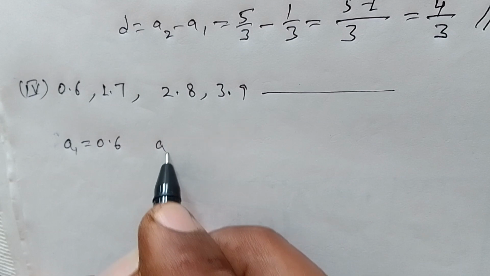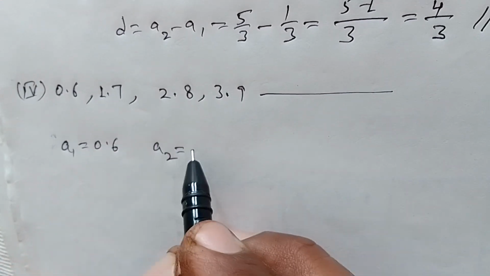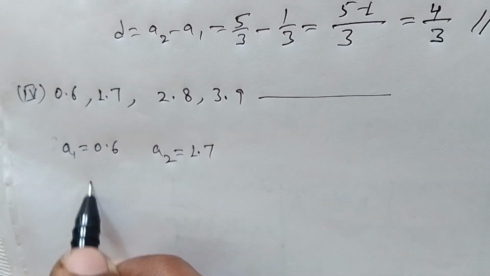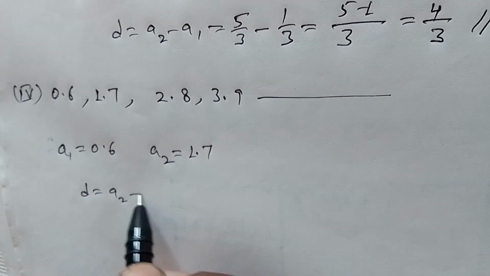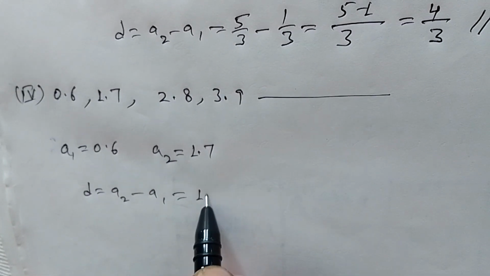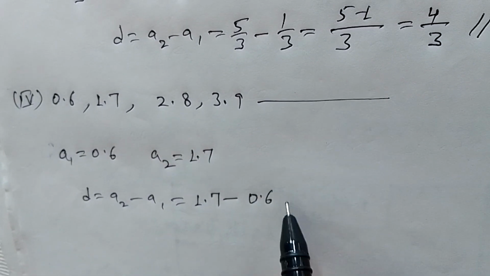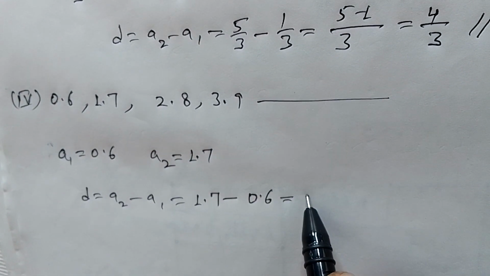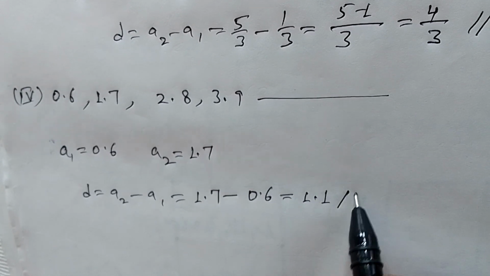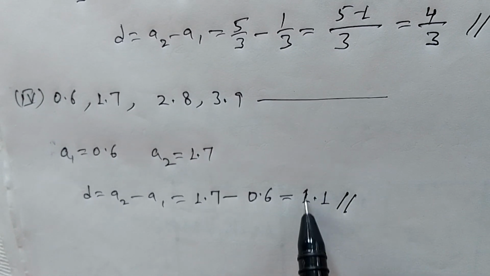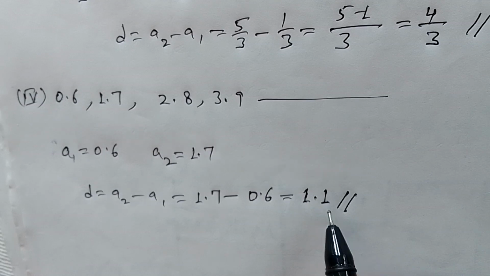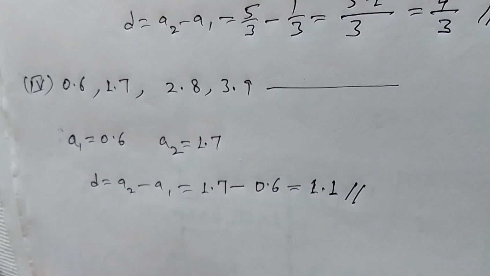Then the second term A2 is 1.7. So the common difference D is A2 minus A1, that is 1.7 minus 0.6, so it comes out to be 1.1. So 1.1 is the common difference of this question. So with this, the third question ends.